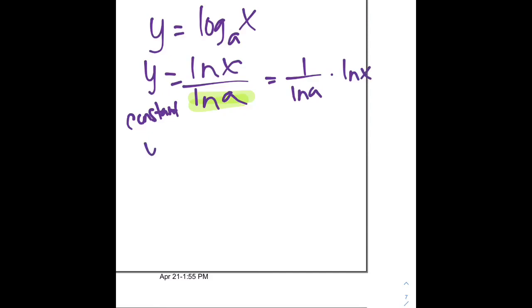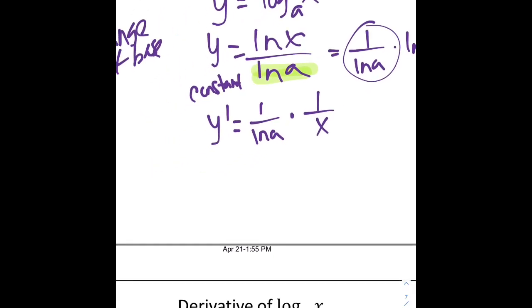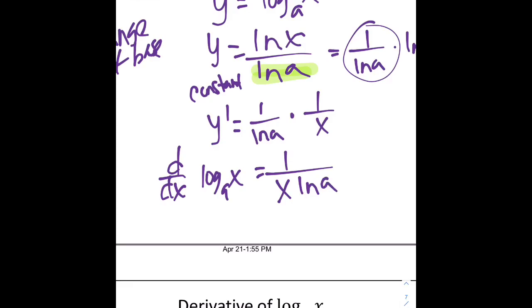Why would I want you to do that? Because y prime is going to equal 1 over the natural log of a, by the constant multiple rule, times 1 over x. So the derivative rule for log base a of x is 1 over x times 1 over the natural log of a. It's very similar to the natural log, but then it includes that natural log of a.